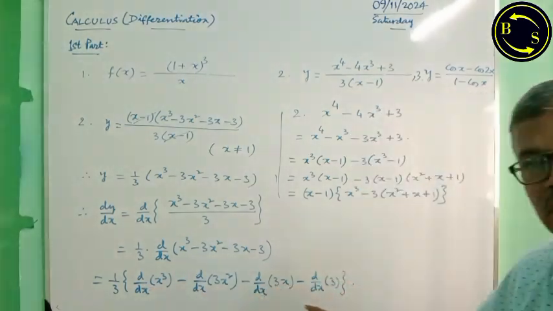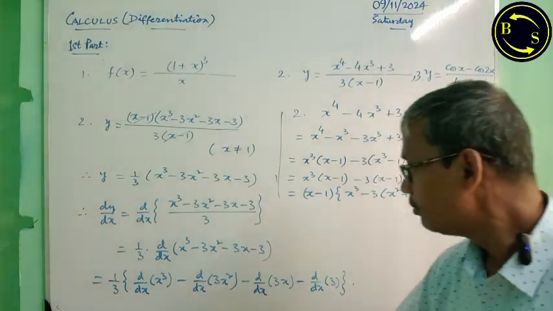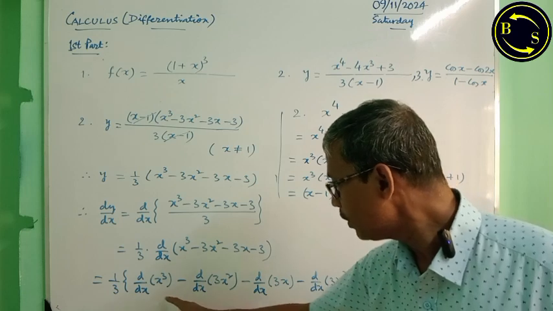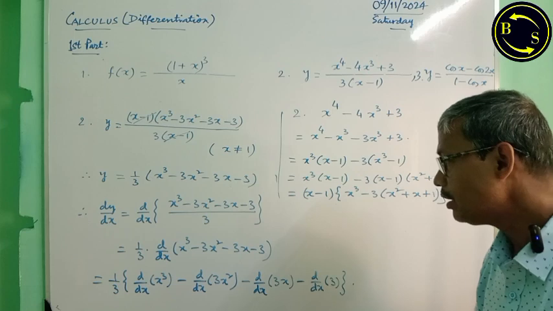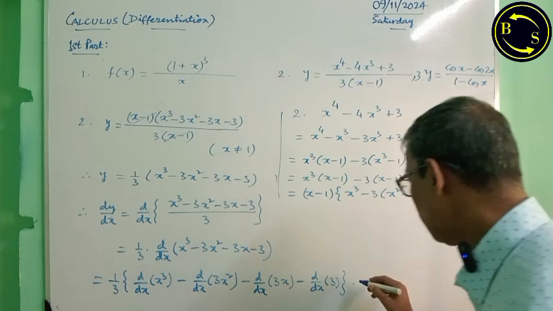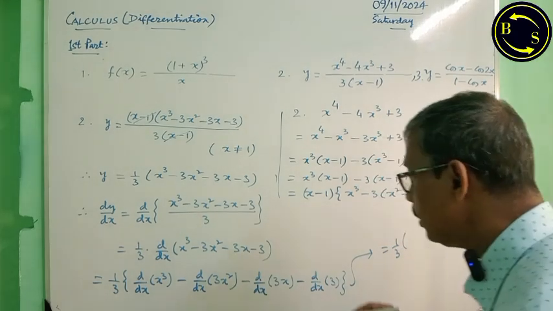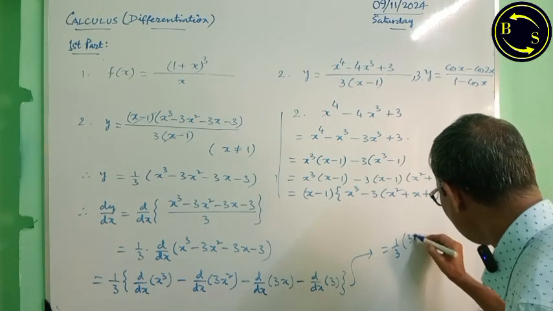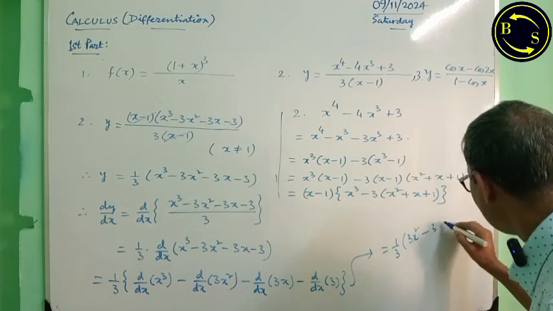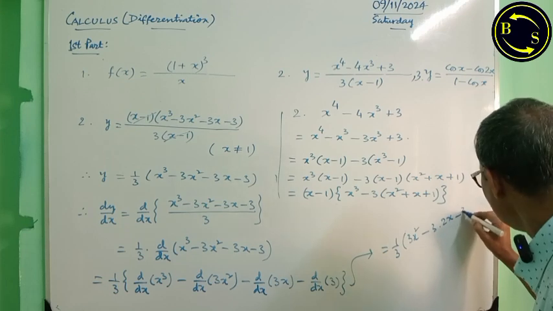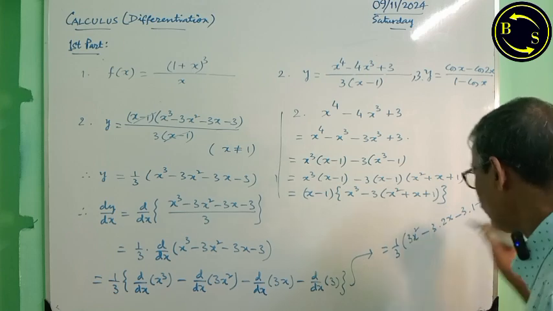Initially, we write this to understand the application of fundamental theorems of differentiation, but later we shall skip this, and this will be equal to 1/3 x cube derivative means 3x square minus 3 into derivative of x square 2x minus 3 into derivative of x is 1 and minus 0.